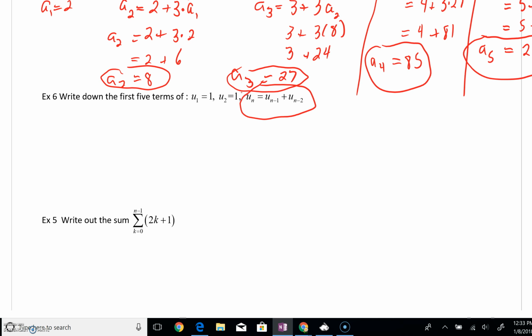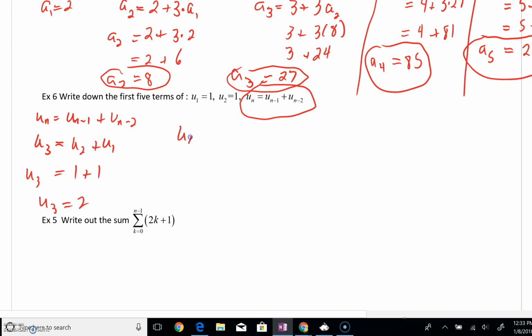But now we'd like to find U sub 3. If n is equal to 3, 3 minus 1 is 2, and 3 minus 2 is 1. In other words, to find the third term, add the second and the first term together. Both of those are 1s, and 1 plus 1 is going to get you a 2.